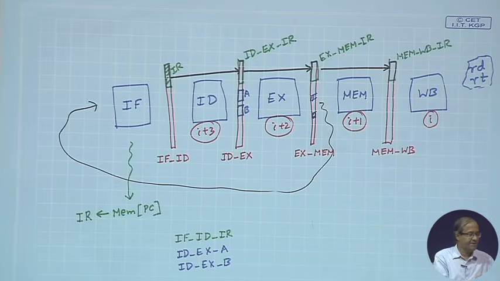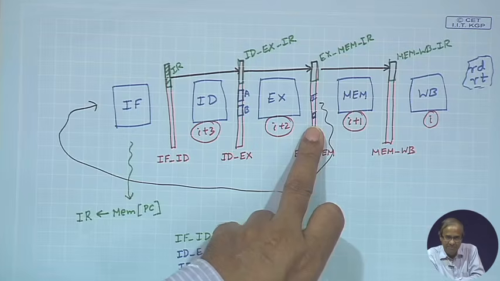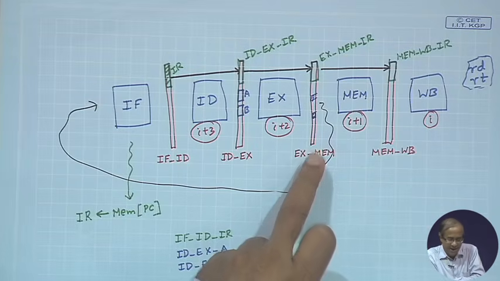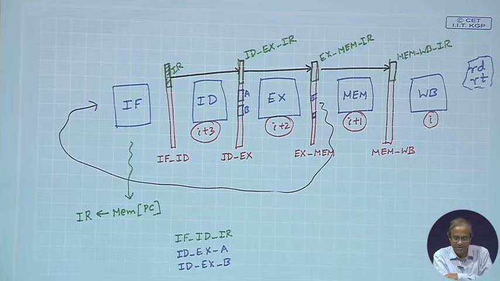That is reflected by this micro operation. Here it is saying if the instruction register in the EX/MEM, this one, EX/MEM opcode was a branch, and the corresponding branch condition was true, then only the branch will take place.